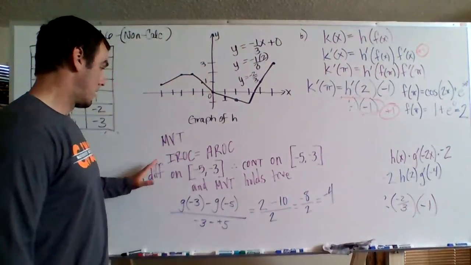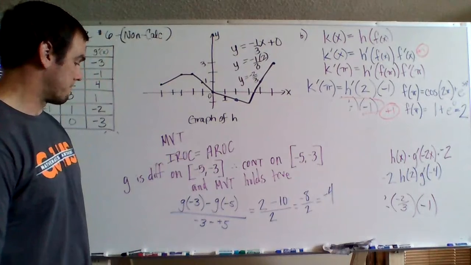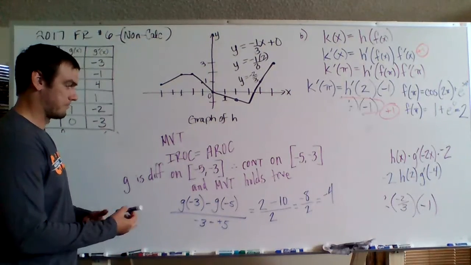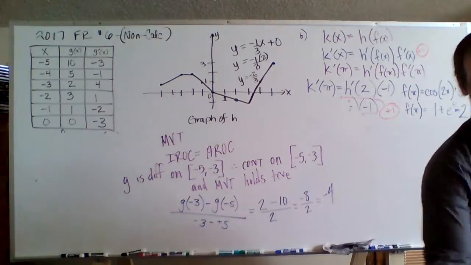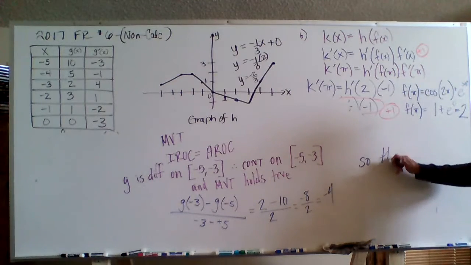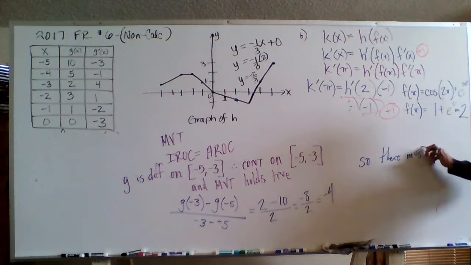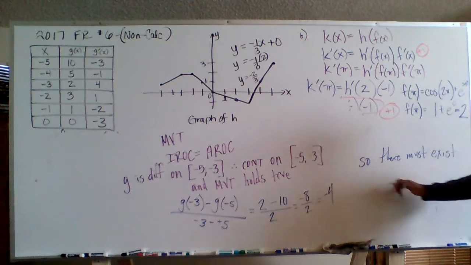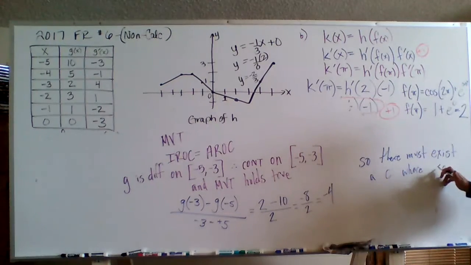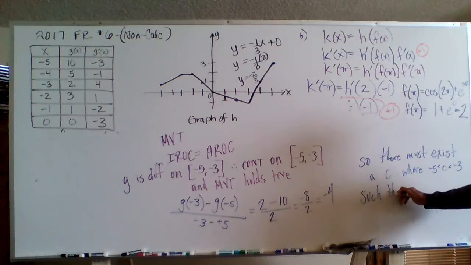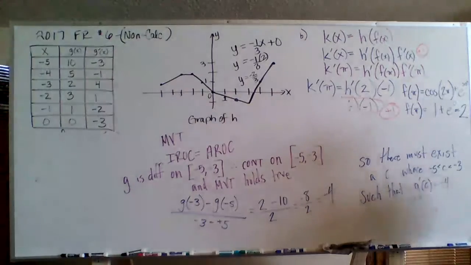Okay? So now we just need to come up with our conclusion, kind of just restating what we were asked to find. I'll write that over here. So there must exist a C where C is in between -5 and -3, such that G prime of C is going to equal -4.